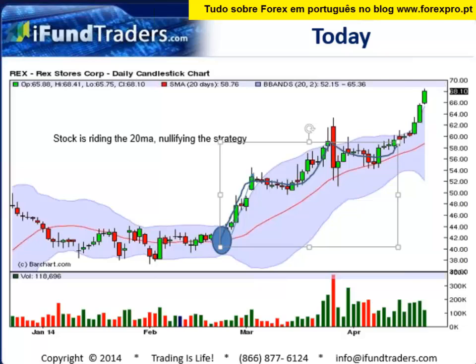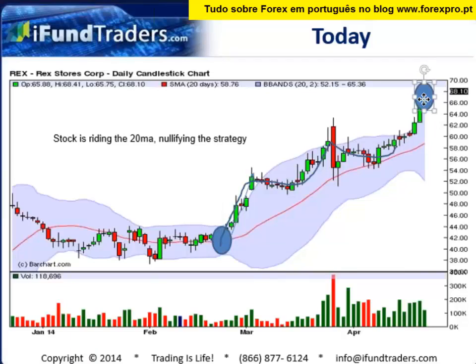Here is where it's starting to get interesting to me. There. Now that's not enough green to do 25%, but if I get 100% of that green retraced, I'm looking for a fairly sharp reversal.